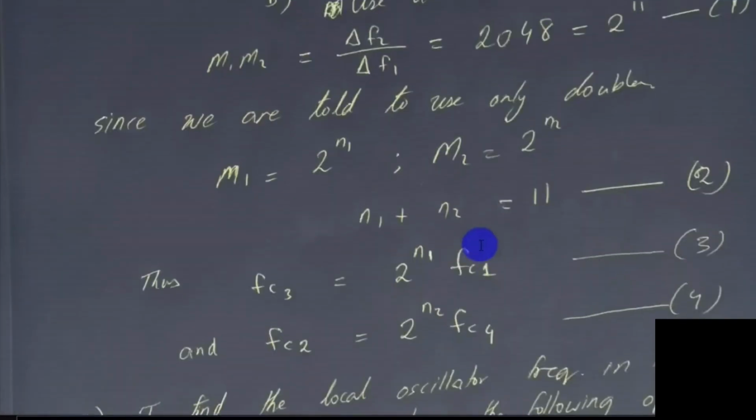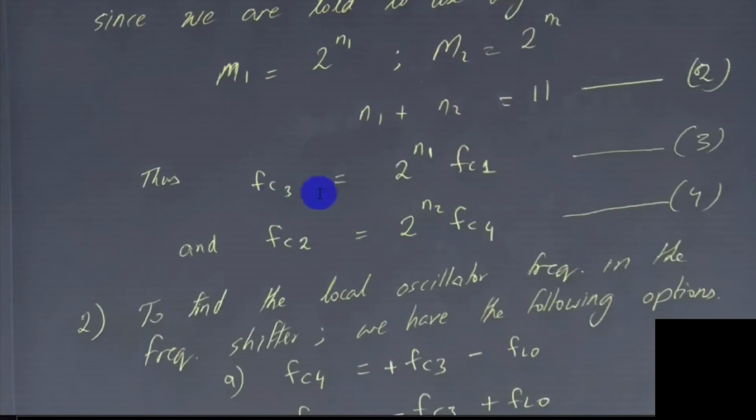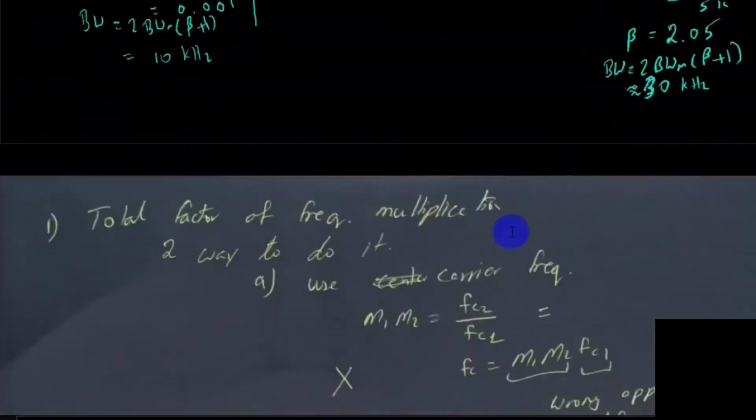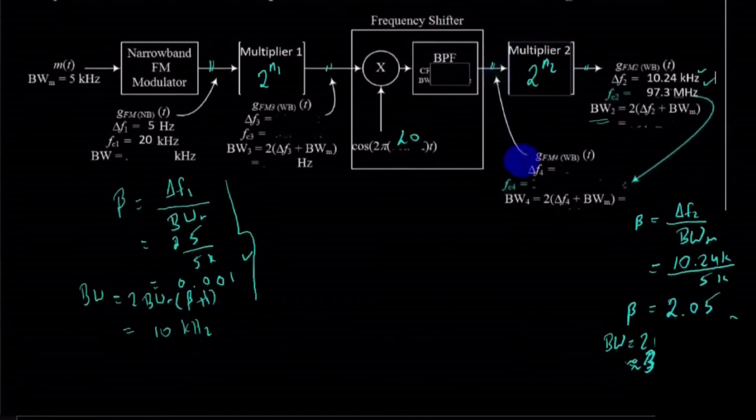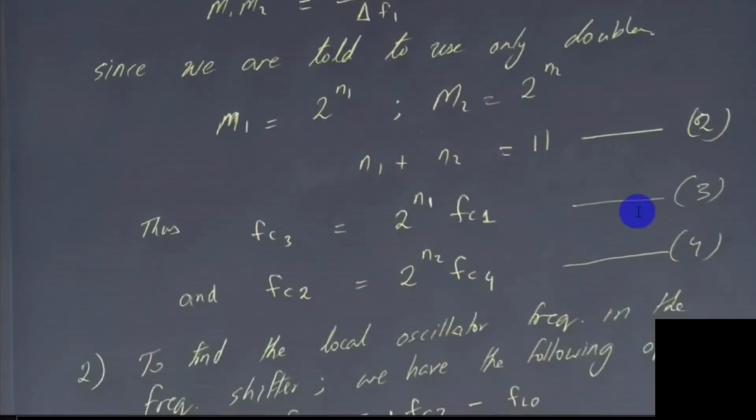These are the two expressions I have mentioned here. FC3 is equal to 2 power n1, the first multiplier, times the carrier frequency at the output of narrowband FM. Similarly, FC2, which is the output of wideband FM, is equal to 2 power n2, the second multiplier, multiplied by the output of the local oscillator over here, right? So this justifies our first four expressions.